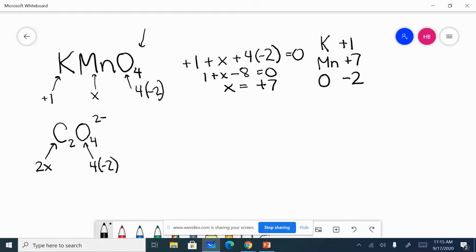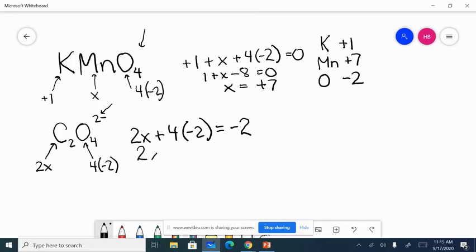Carbon can carry lots of different kinds of charges. So we're going to add up. This time, it's not going to add to 0. So when we add it up, it's going to add up to the charge on the polyatomic ion. Like such. So make sure you understand where all the numbers come from.